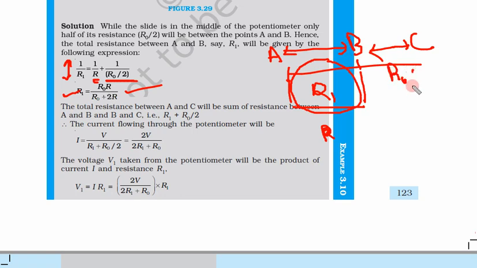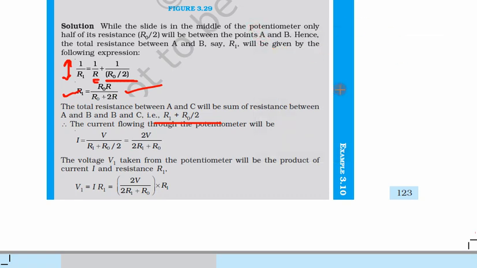This was also R0 by 2. So first, that is quite simple, we have calculated the parallel resistance as we do in normal circuits, then added the rest half of the resistance. So that is the total resistance R1 plus R0 by 2.